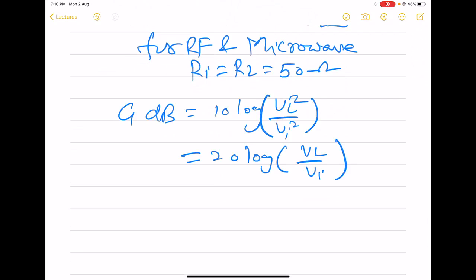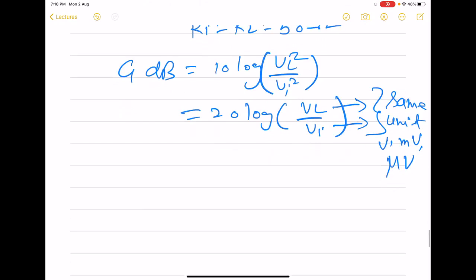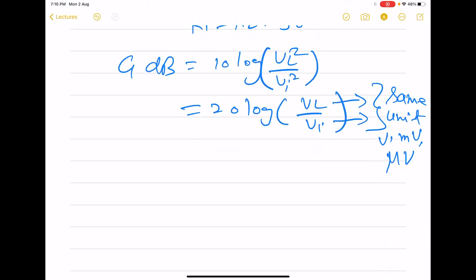And here, all these voltages are going to be in the same unit of either volts or millivolts or microvolts. So they will always be a unitless quantity, and this VL by VI is called voltage gain.